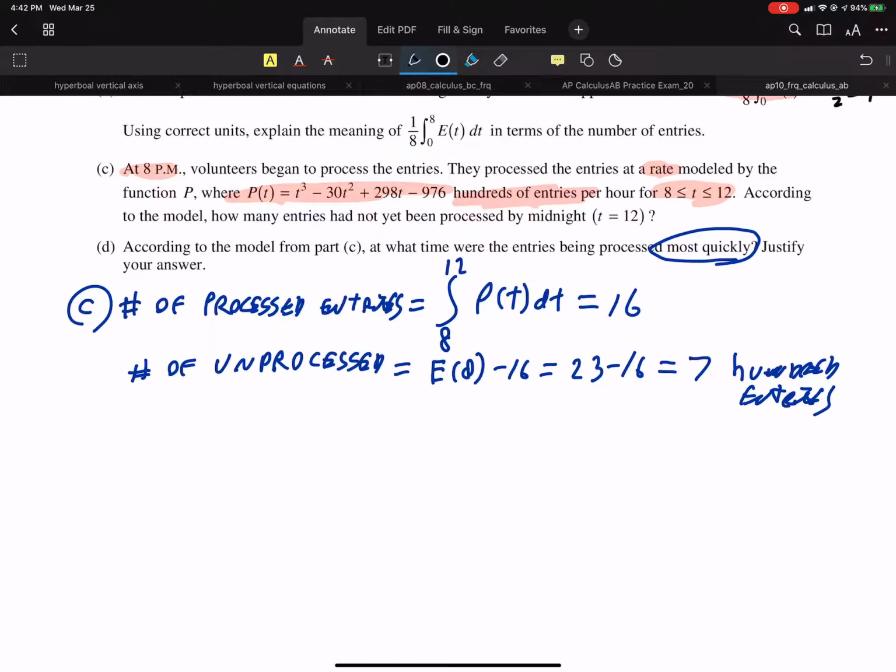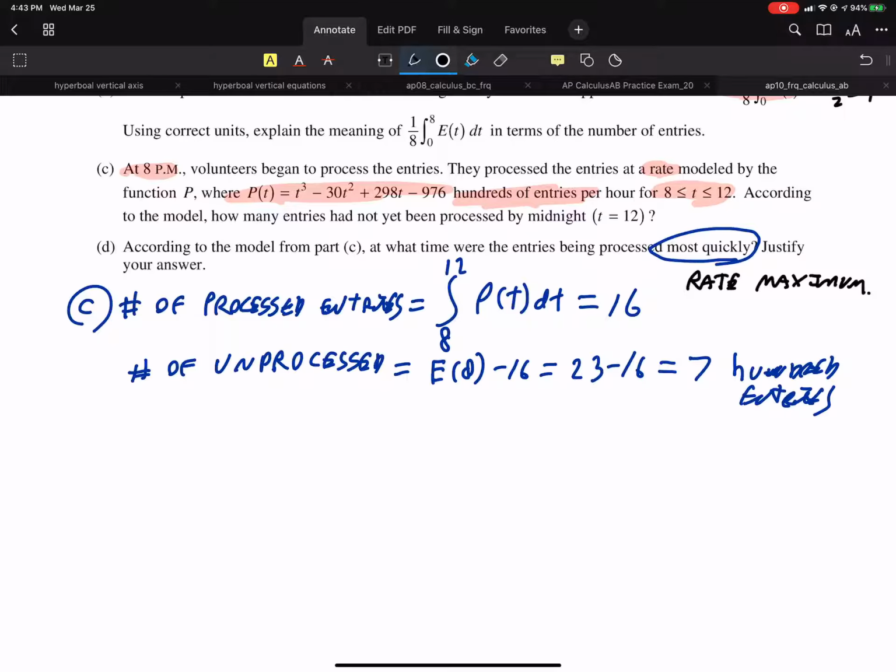So you want to know when the rate is maximum. So we have to go back and turn all this into calculus terms. To be processed most quickly, the rate of processing must be a maximum. So we're trying to maximize the rate of processing.